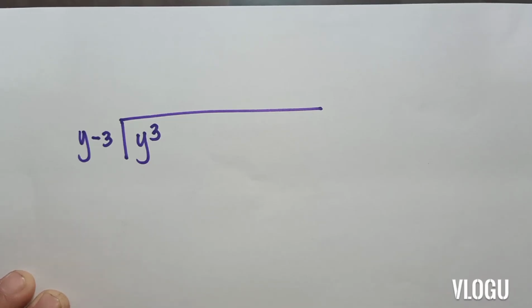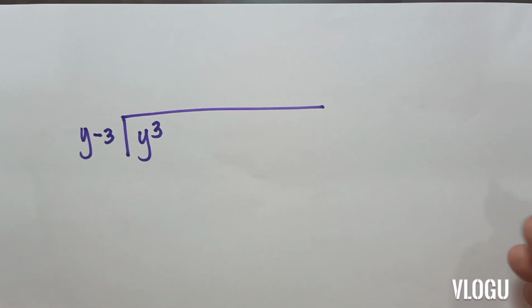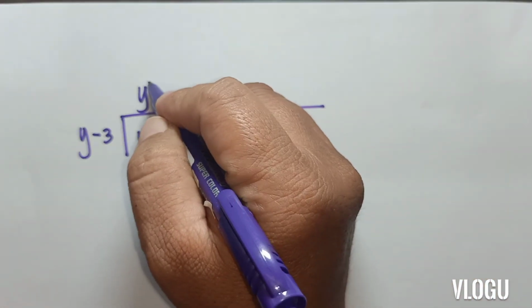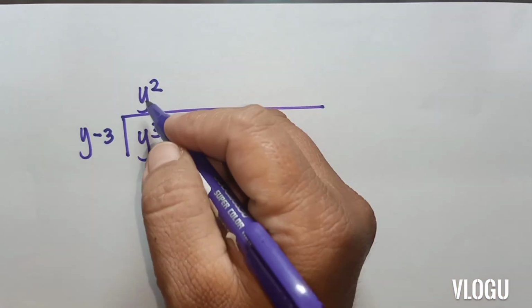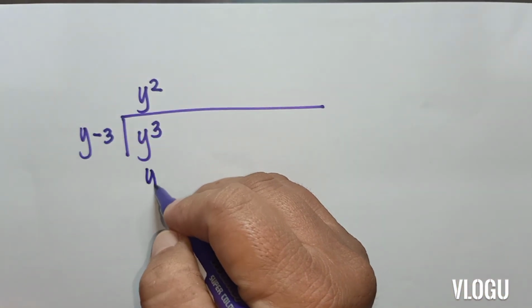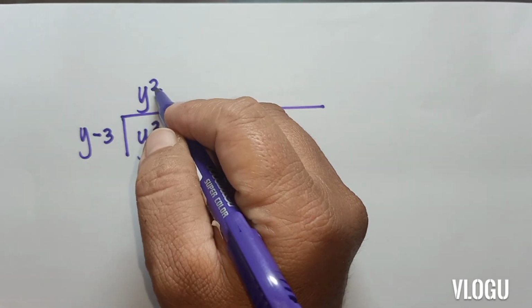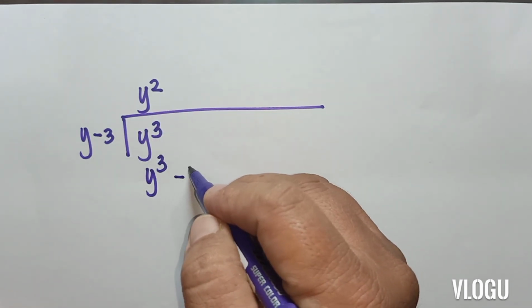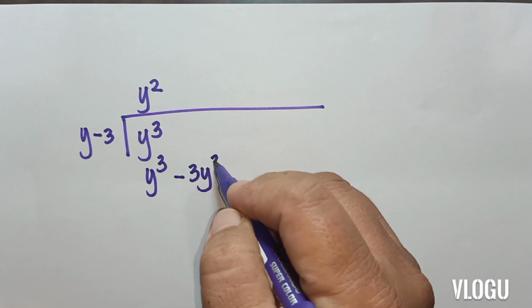Y cubed divided by y gives y squared. Y squared times y is y cubed. Y squared times negative 3 is minus 3y squared.